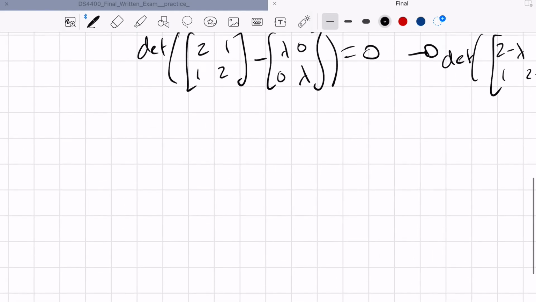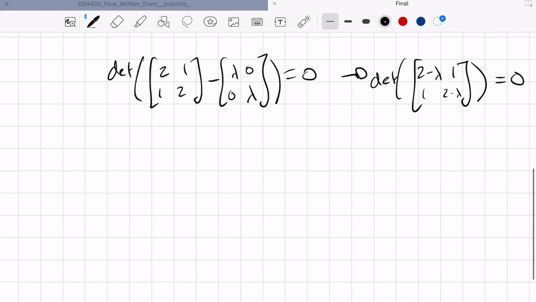If you remember the determinant equation, it's simply this diagonal minus this diagonal, so we get 2 minus lambda times 2 minus lambda, minus this diagonal, which is simply 1.